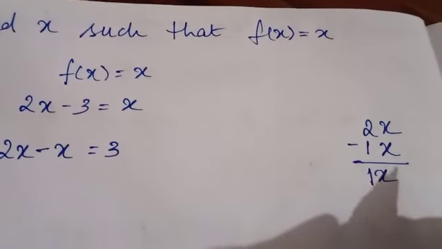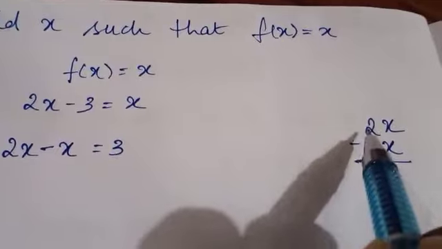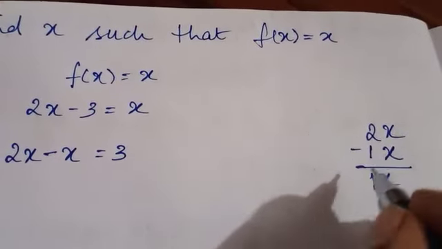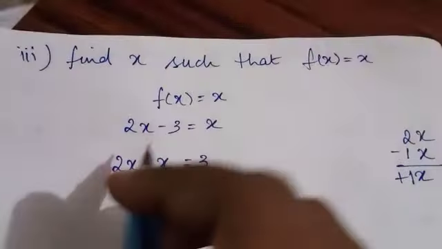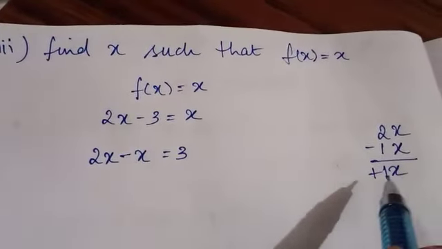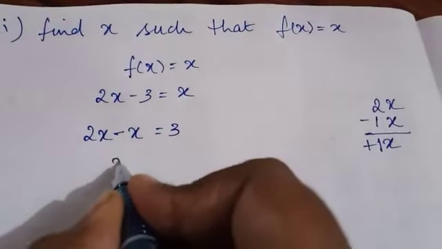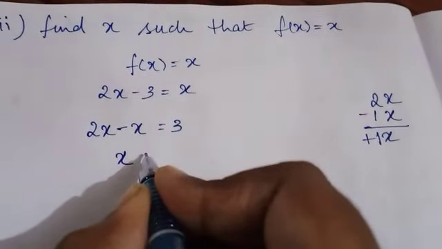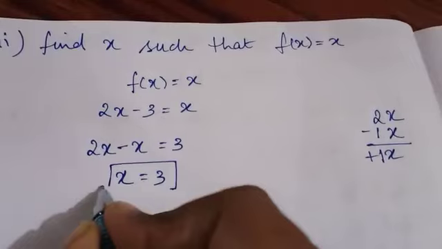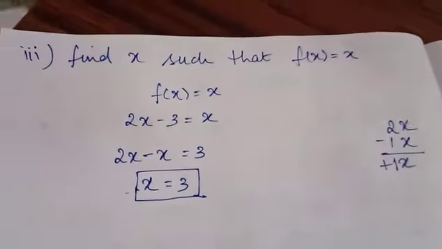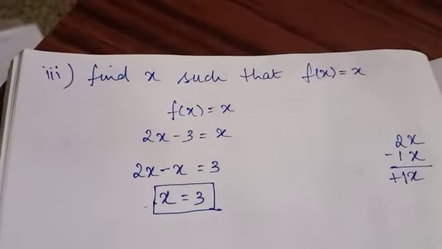We have to check for the greater number sign. So what is the greater number? 2. What is the sign of greater number here? Plus. So plus 1x. So 2x minus x is what answer we got? 1x. So it is enough if we write x. So x is equal to 3. So now we have found our x. So next we will move on to the fourth subdivision.